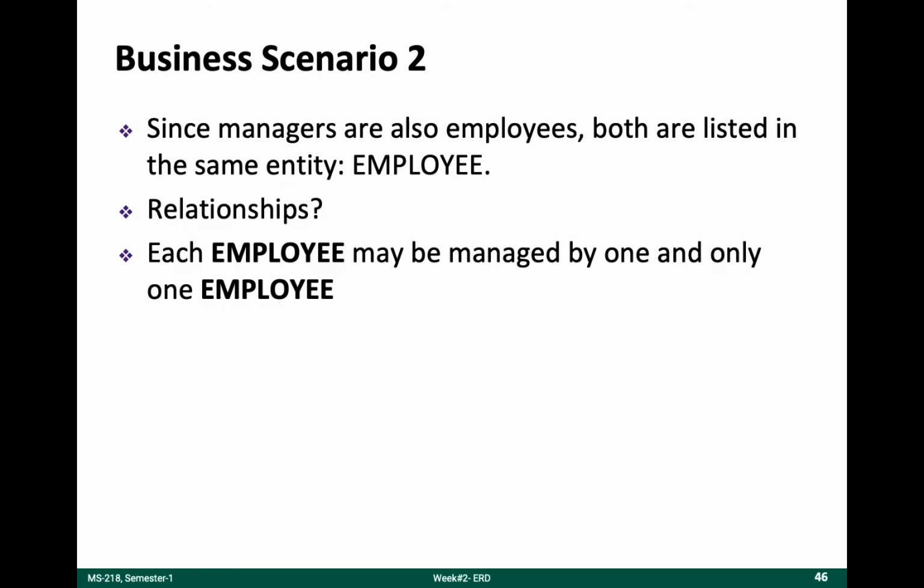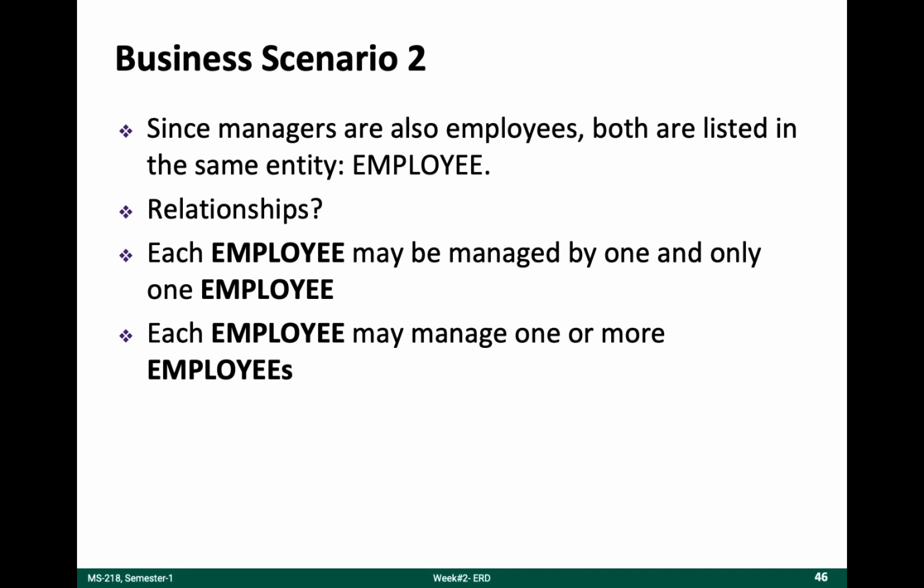So each employee may be managed by one and only one employee. Each employee may manage one or more employees. So if it's recursive, we have to define the cardinality and optionality of the relationship. Two things that we have to define.